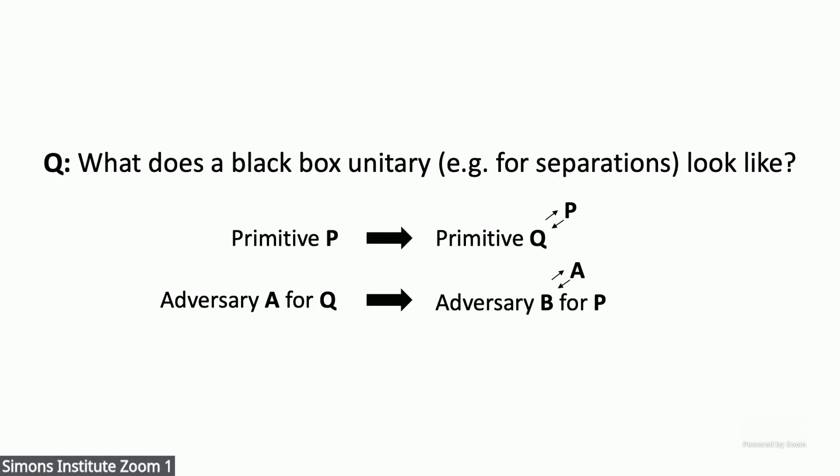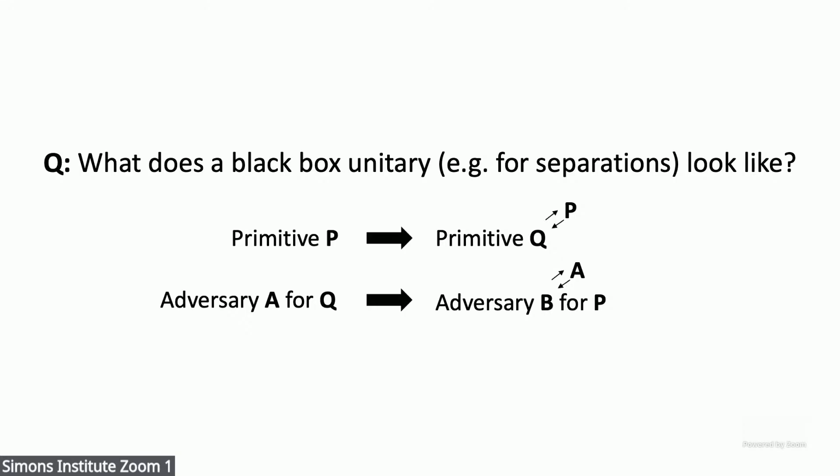From a practical perspective, they're more efficient, and from a theoretical perspective, it allows us to reason about the limitations of cryptography. So if you want to model a black box construction, we have this new primitive Q, and it's making queries to this primitive P. What should these queries look like?